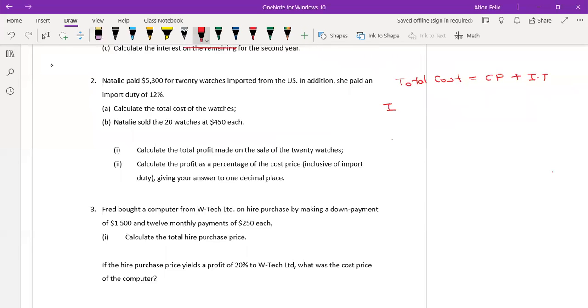So the import duty, and that's our import tax, that would be 12% of the amount she paid. Right, so there it goes, 12 over 100 multiplied by 5,300.